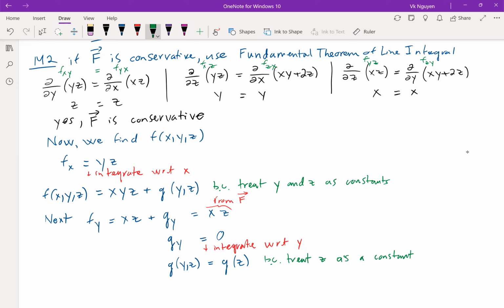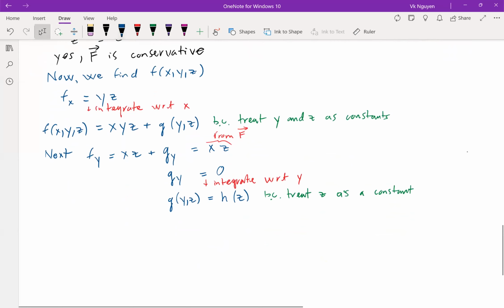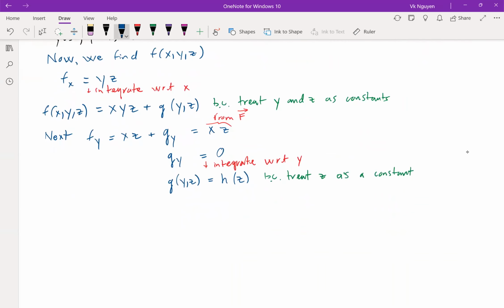When you integrate with respect to y and the function is g(y,z), you treat z as a constant. So g(y,z) is equal to g of z. Or you can write h of z here. Doesn't matter. I use h of z here. Less confusing. Next.